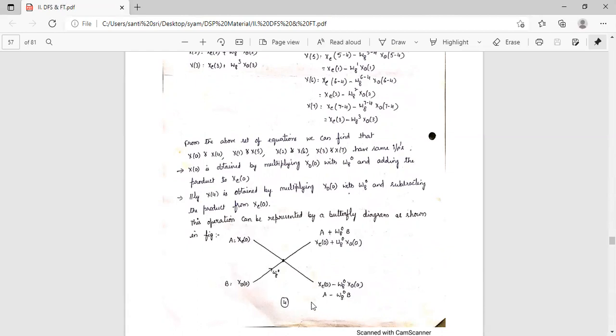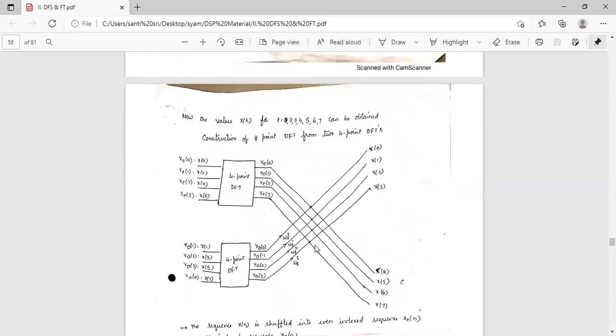Okay. So a is xe of 0 and b is xo of 0. This is called butterfly diagram. Okay. So now the values of x of k for k equal to 1, 2, 3, 4, 5, 6, 7 can be obtained.